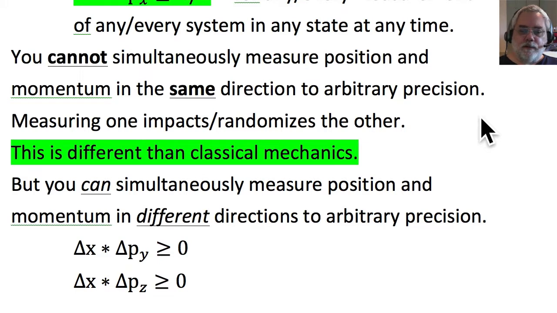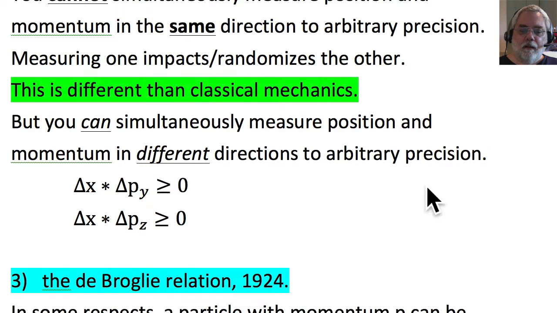What's our third use of h-bar? It's called the de Broglie relation, and it was published in 1924, so before 1925 when Schrodinger published the Schrodinger equation.